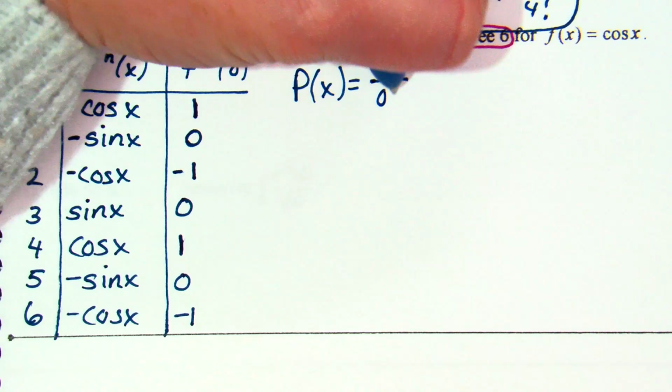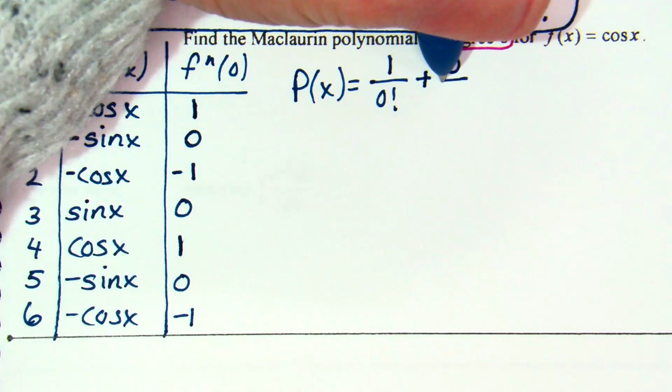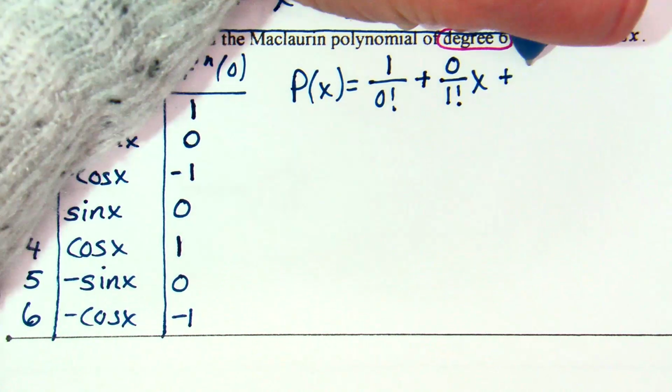The first derivative evaluated at 0 is going to be 0 over 1 factorial x to the first. Plus, now we're going to do the seconds. What was the second derivative at 0? Negative 1 over 2 factorial x to the second.